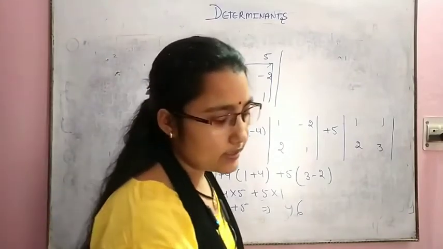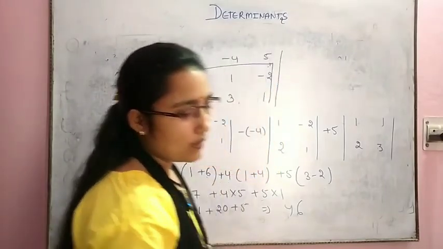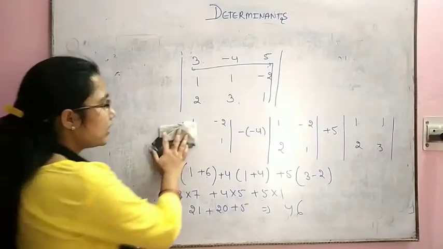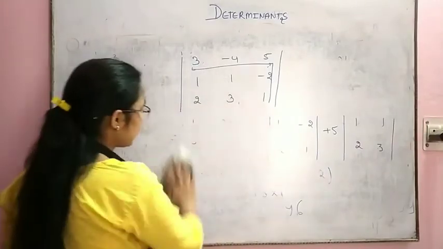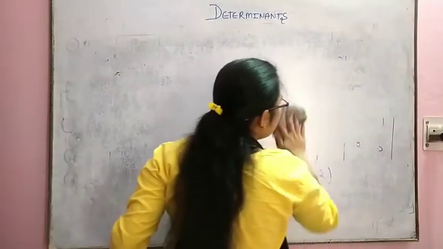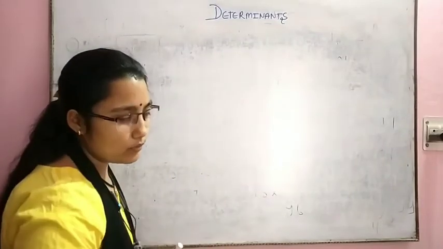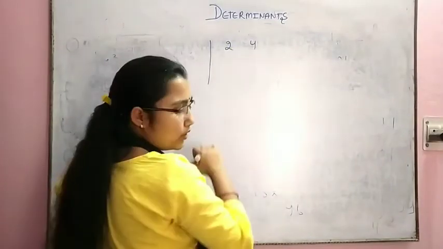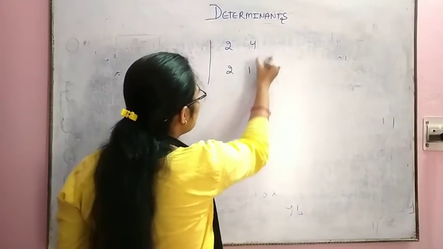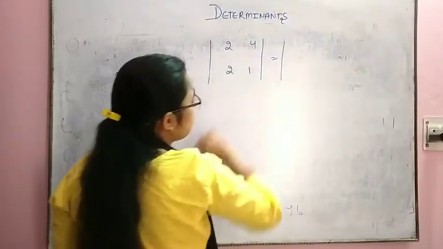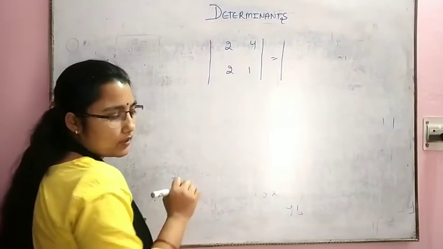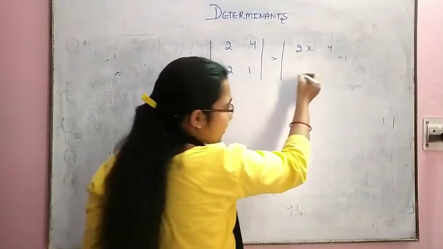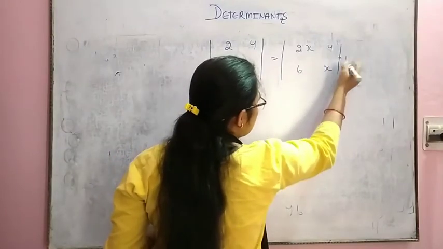Hope you all understand how to find the value of a determinant of second order and third order. Now come to the next question, which is: find the value of x of the determinant 2, 4, 2, 1 equals 2x, 4, 6 and x.